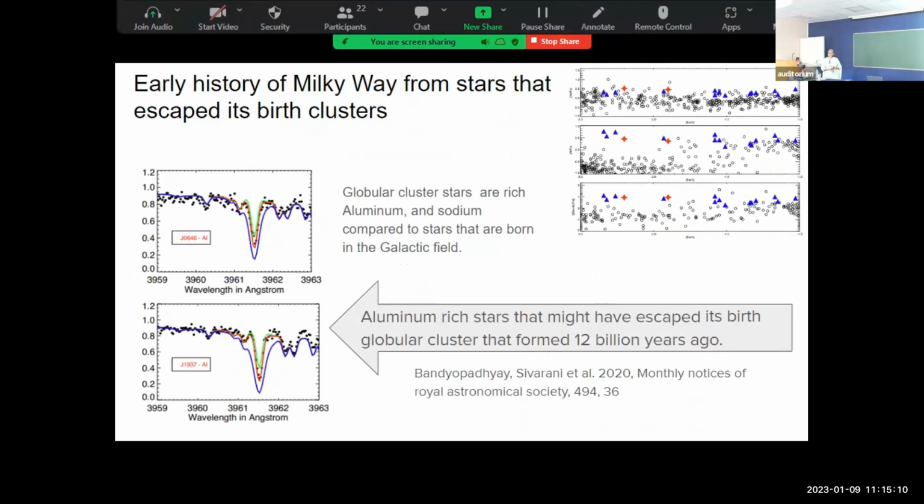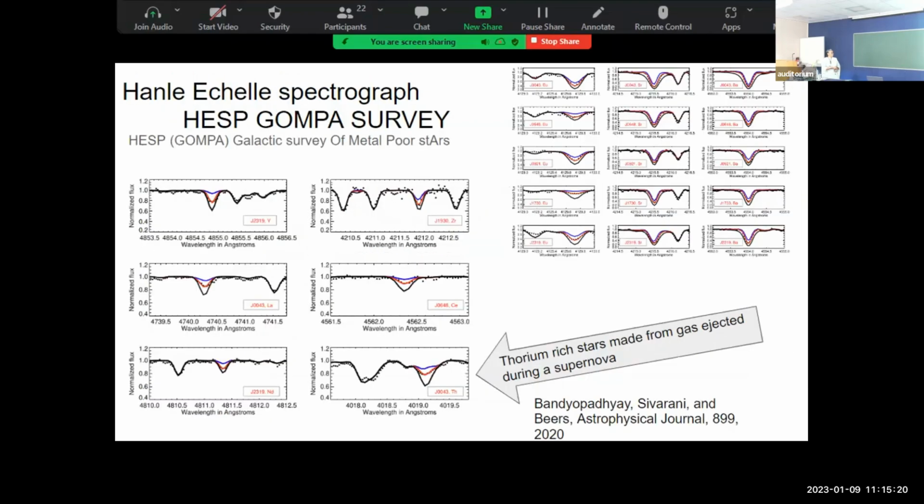Aluminium is good, you could do it in the infrared, and also in the blue; the MSE spectrograph survey would go to, I think, 360 nanometers, which is good for detecting aluminium.